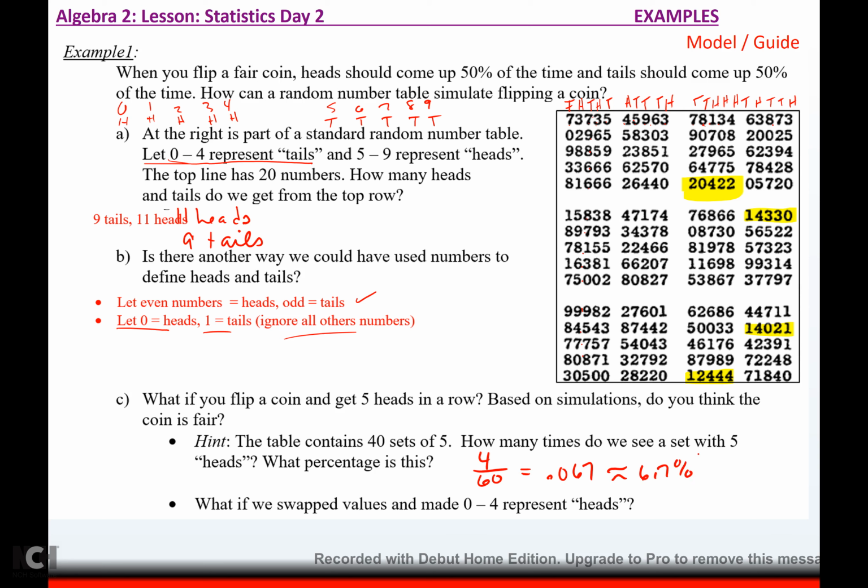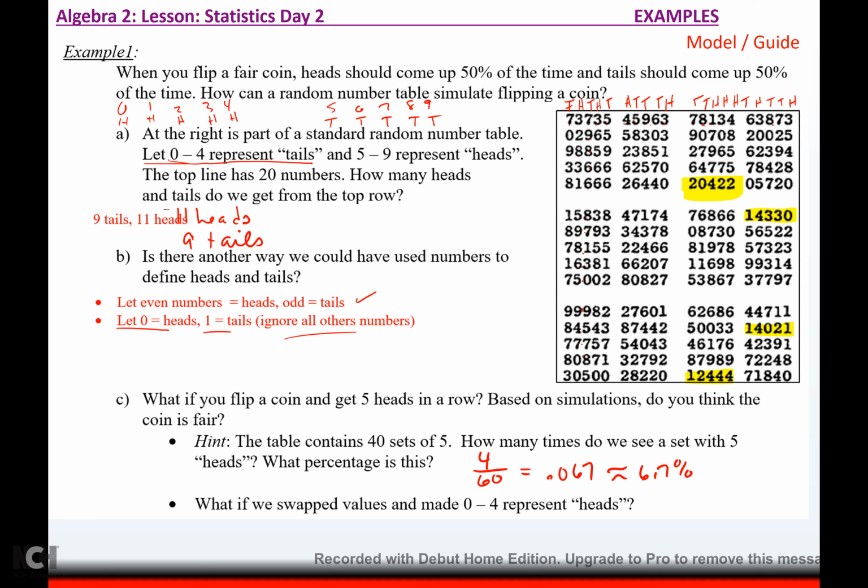So it said, what if we swapped values and made 0 through 4 represent heads? Well, then if you looked for, I just did that backwards, didn't I?